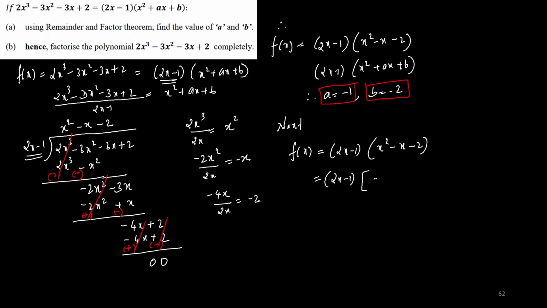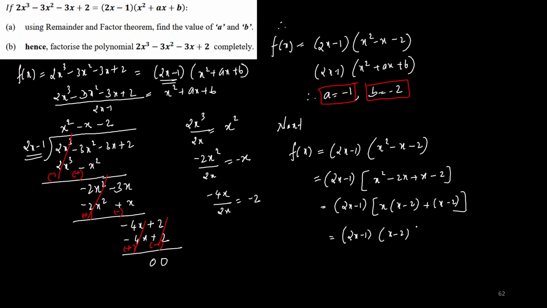I can split and write x square minus 2x plus x minus 2. So this is equal to 2x minus 1, then x is taken common, x minus 2 plus 1 into x minus 2. So this is 2x minus 1 and x minus 2, then x plus 1, because nothing is common, 1 can be taken common.